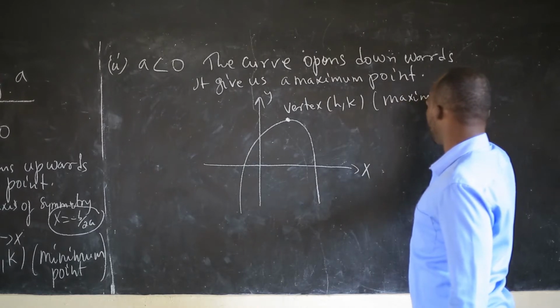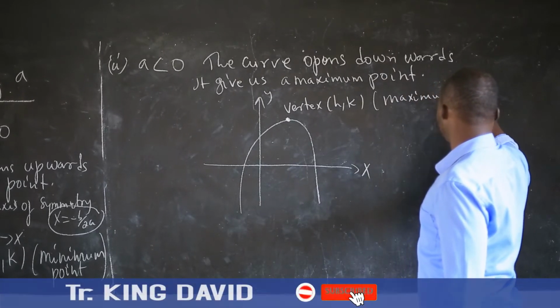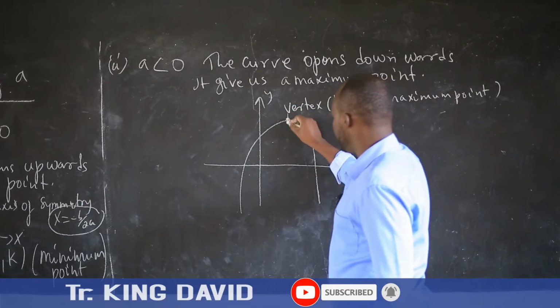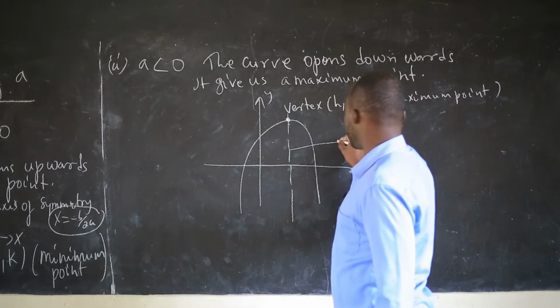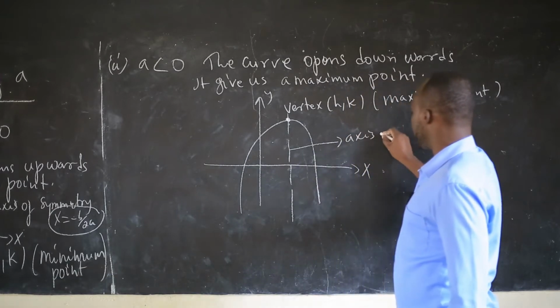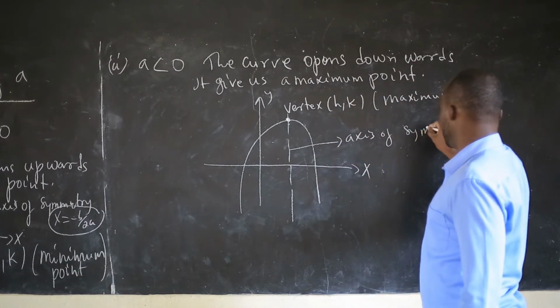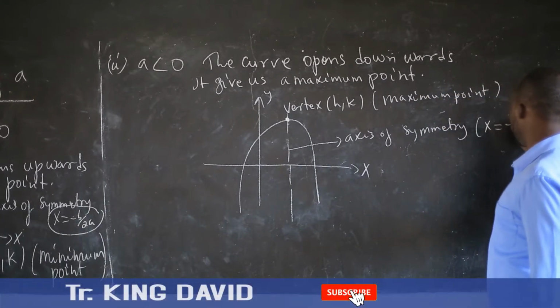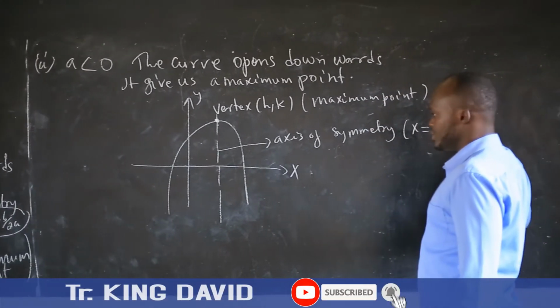The vertex is also the maximum point. Also remember, this is the axis of symmetry, where x is equal to negative b over 2a.